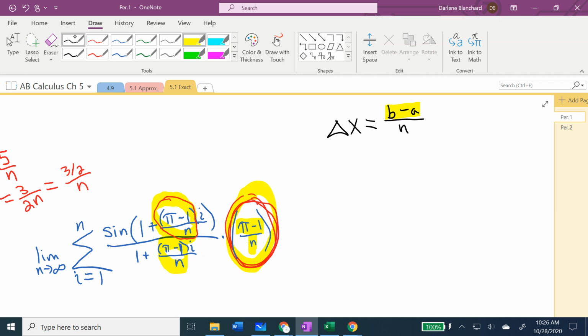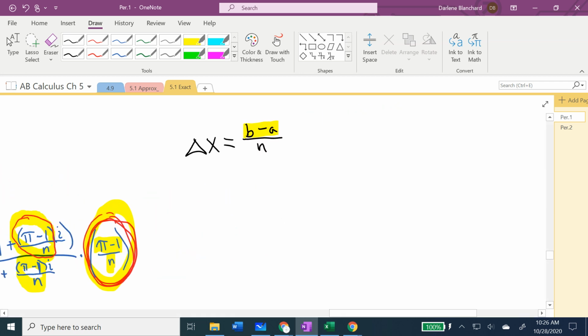And let me just say, for example, if my numbers a and b are 0 and 2, what is my delta x going to look like? It's going to be a nice, pretty number divided by n.